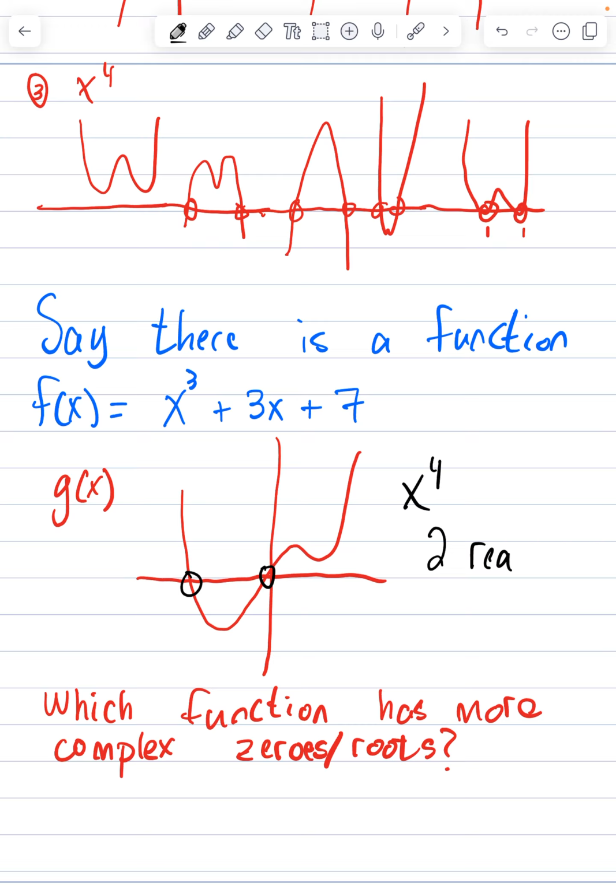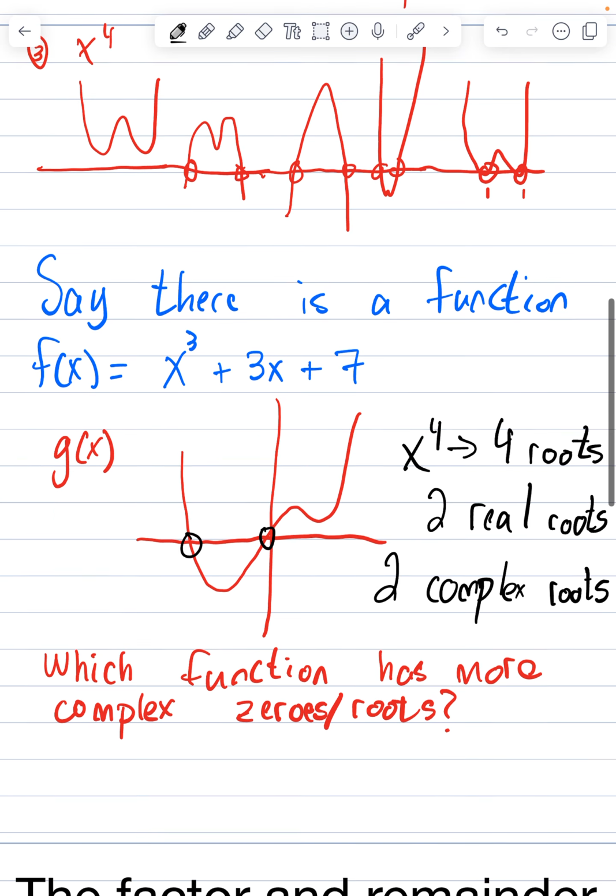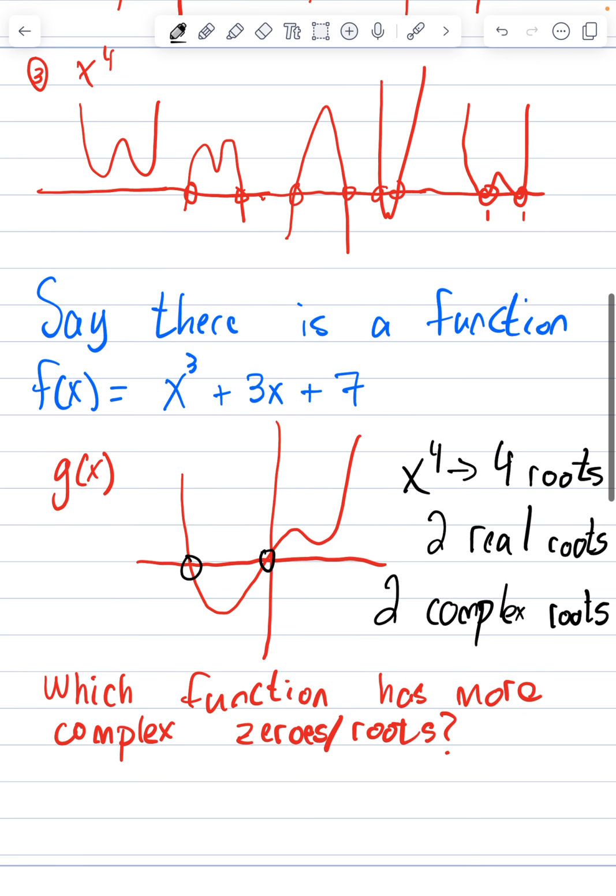It's supposed to have four roots because it's x to the 4. Since it has two real roots, the remaining are complex roots, so this has two complex roots.